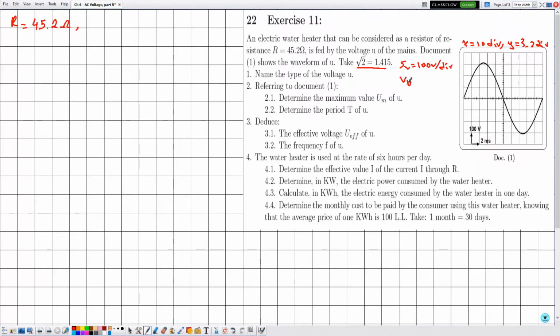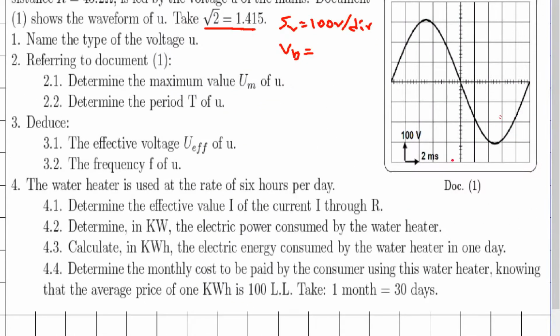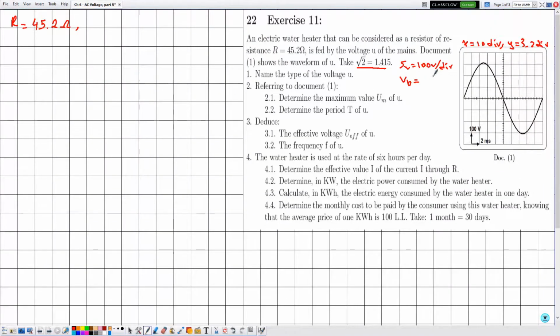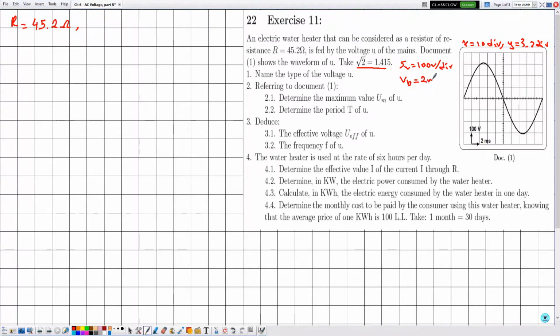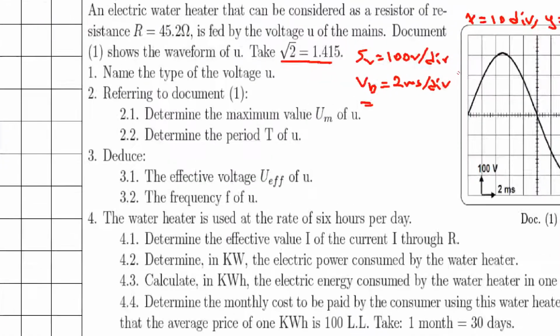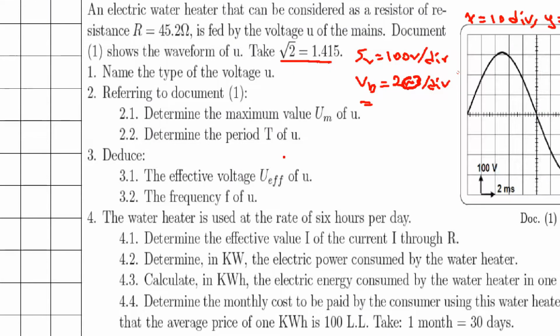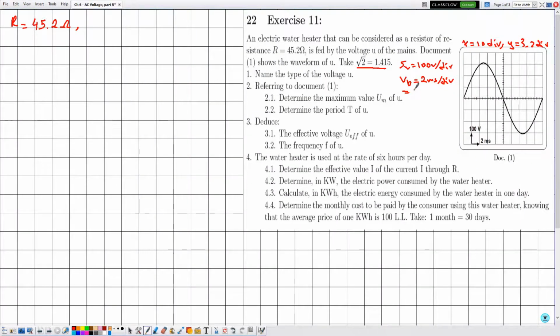As for VB, it is the scale along the x-axis, which is given by 2 milliseconds for each division. We know that millisecond is not the SI unit of time. In order to convert from milliseconds to seconds, we divide by 1000. So this is equal to 0.002 seconds per division. And by this, we are ready to solve the exercise.